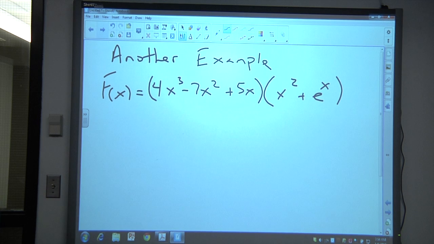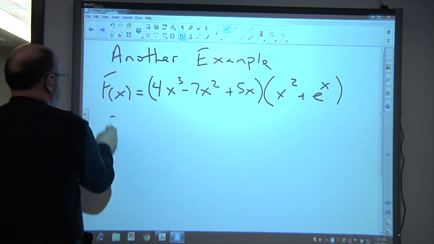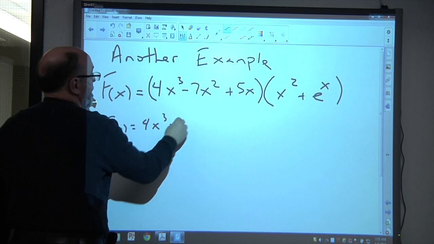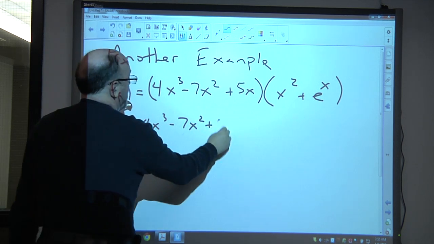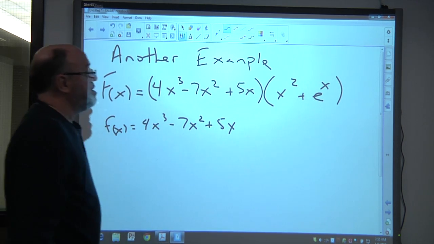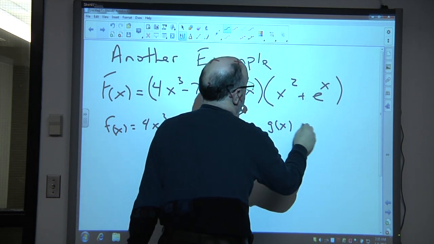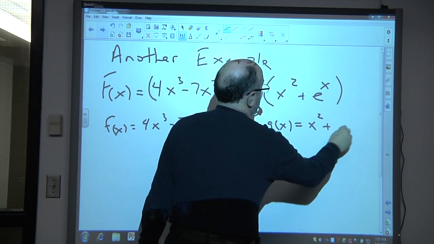Again, we want to break it out into the pieces. So we'll call little f 4x cubed minus 7x squared plus 5x. G will be x squared plus e to the x.